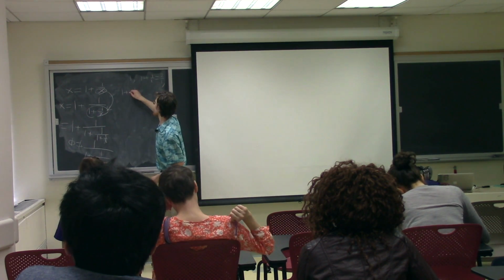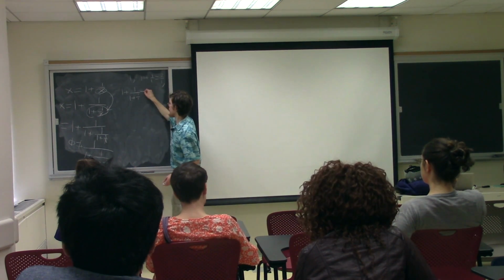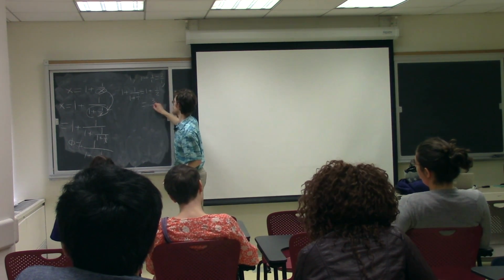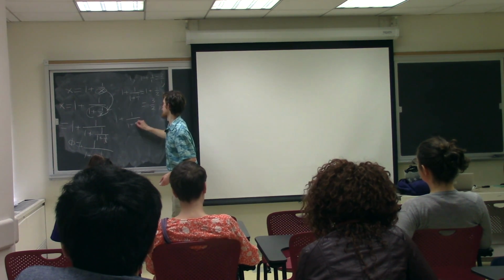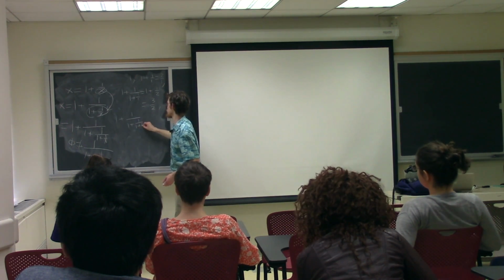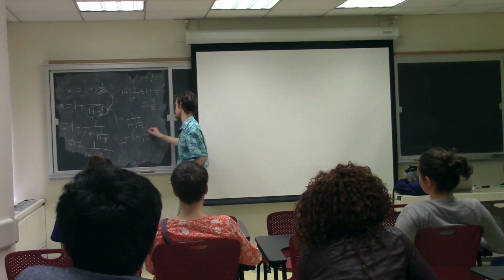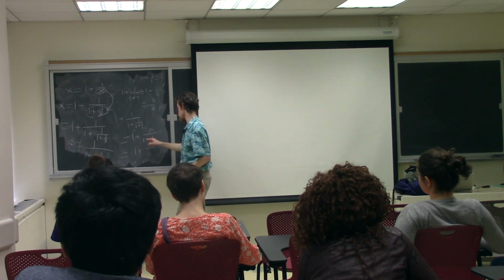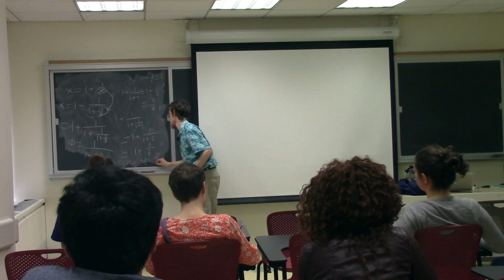And then 1 plus 1 over 1 plus 1 over 1, that equals 1 plus 1 over 2 equals 3 halves. And 1 plus 1 over 1 plus 1 over 1 plus 1 over 1, that equals 1 plus 1 over 1 plus 1 half. That equals 1 plus 1 over 3 halves. That equals 1 plus 2/3 equals 5/3.